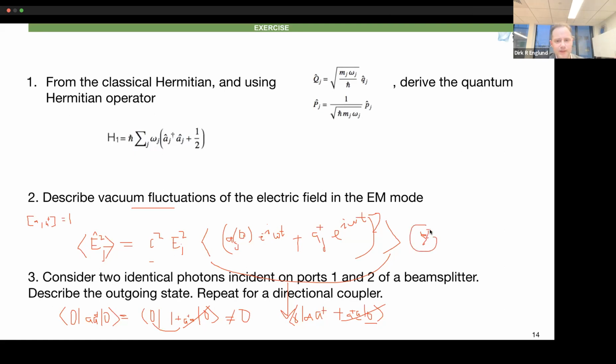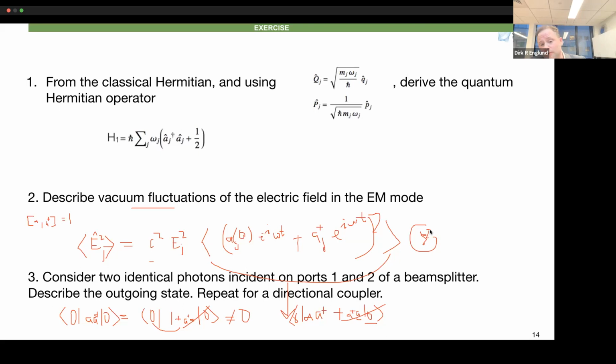So the variance depends on the position of the probe that you stick in this cavity. Whenever the sine of k sub j times z is equal to 0, then the variance of the electric field also goes to 0. It's not surprising, because the electric field itself is 0, so there would be no vacuum fluctuations at that position in the cavity mode.